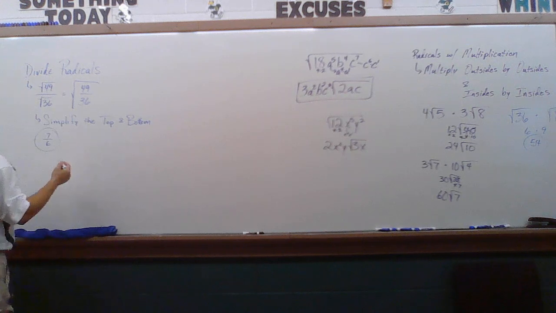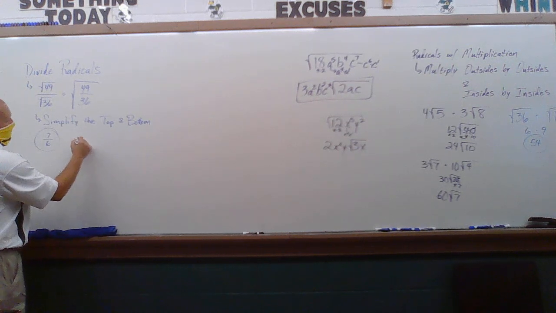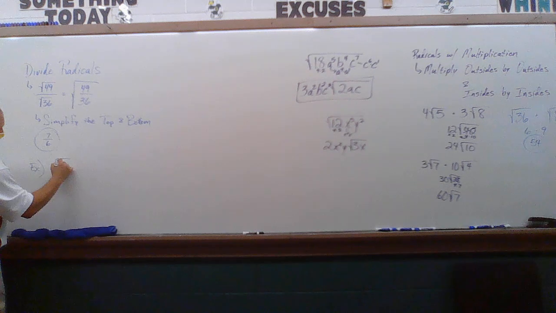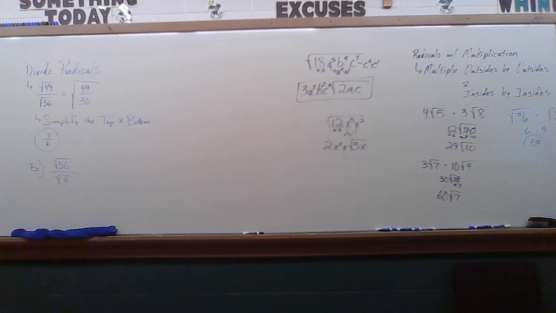Sometimes these two numbers will be able to be divided by each other. So if I have the square root of 56 over the square root of 4. So now, is 56 a perfect square? No, but the square root of 4 would be a perfect square, right?